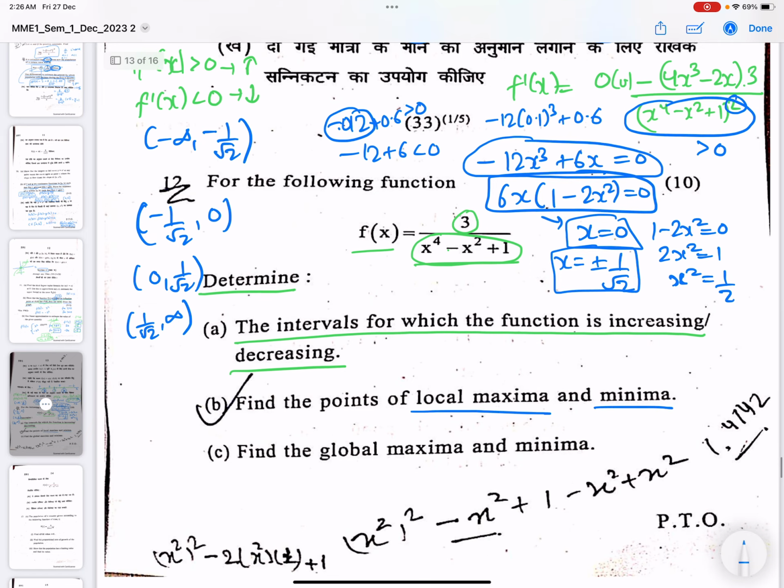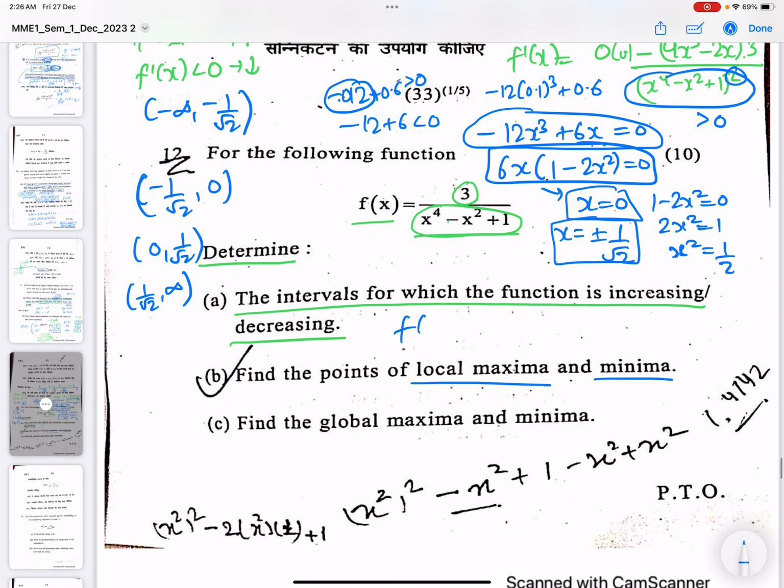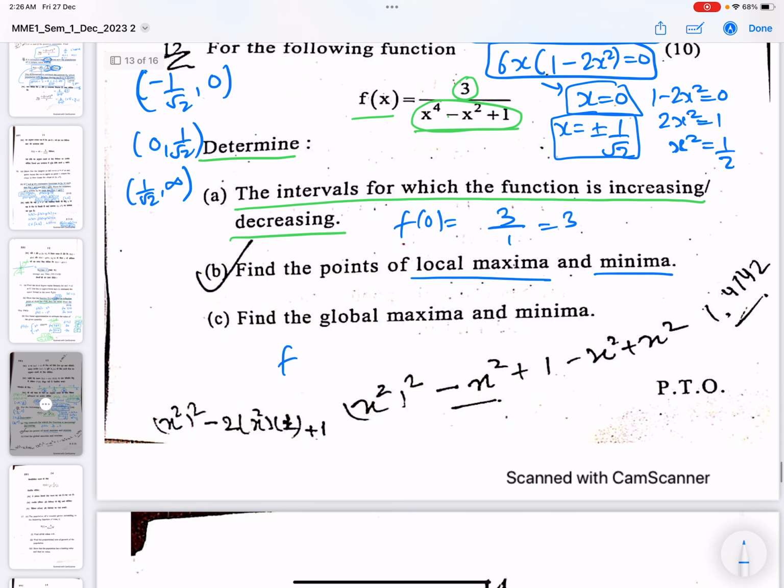So f of 0 becomes 3 upon 1, which is 3. f of 1 by root 2 becomes 3 upon 1 by root 2 to the power 4 minus 1 by root 2 to the power 2 plus 1.